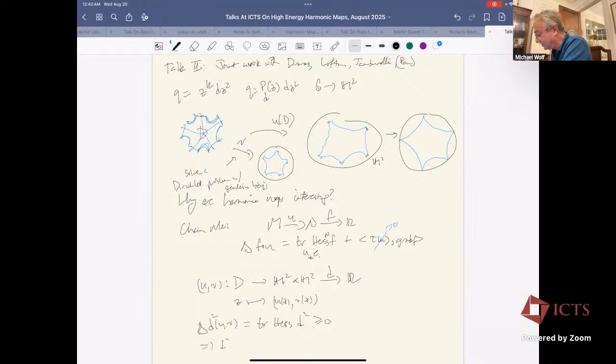In other words, distance squared between U and V is subharmonic. So I'll conclude that the distance between U and V uniformly is less than the maximum of the distance squared between U and V on the boundary of this domain.